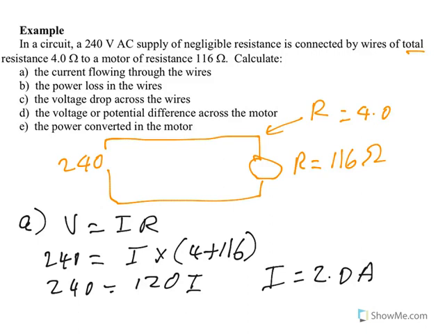Alright, the power loss in the wires. Now remember, when we're talking about power loss, while there's 3 ways, P equals VI, V squared on R and I squared R, when we're looking at power loss, always use I squared R for power loss.